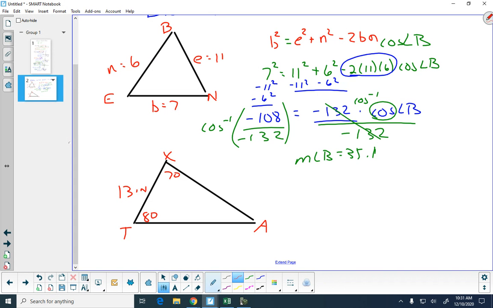Well, what we talked about the other day with respect to the area of the triangle: the area of any triangle is 1/2 the product of the lengths of any two sides times the sine of the included angle.